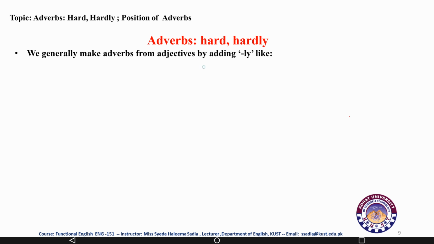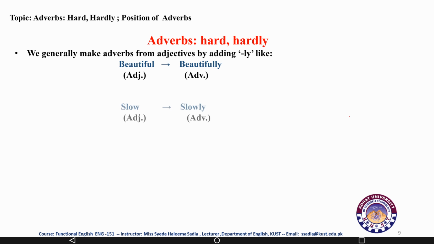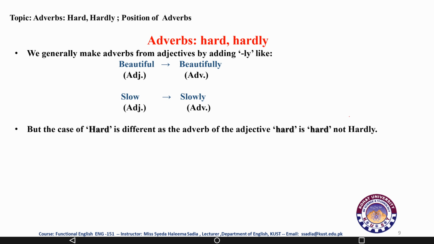Like we generally make adverbs from adjectives by adding ly, like beautiful becomes beautifully, slow becomes slowly. But the case of hard is different, as the adverb of the adjective hard is hard, not hardly. We can see from the previous examples.